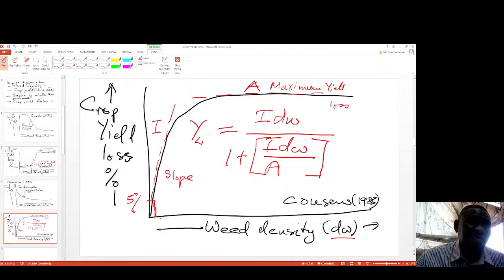Now that density, which is represented by this dot, is your weed control threshold, because you have used your knowledge as an agronomist or as a farm manager to say that probably 5% is not serious, and the 5% yield loss could translate into this density. This becomes your weed control threshold.